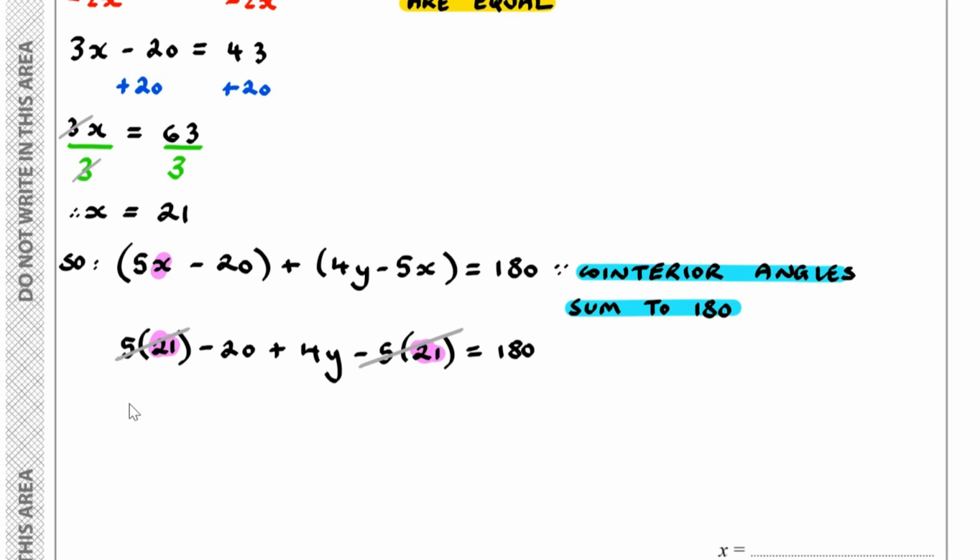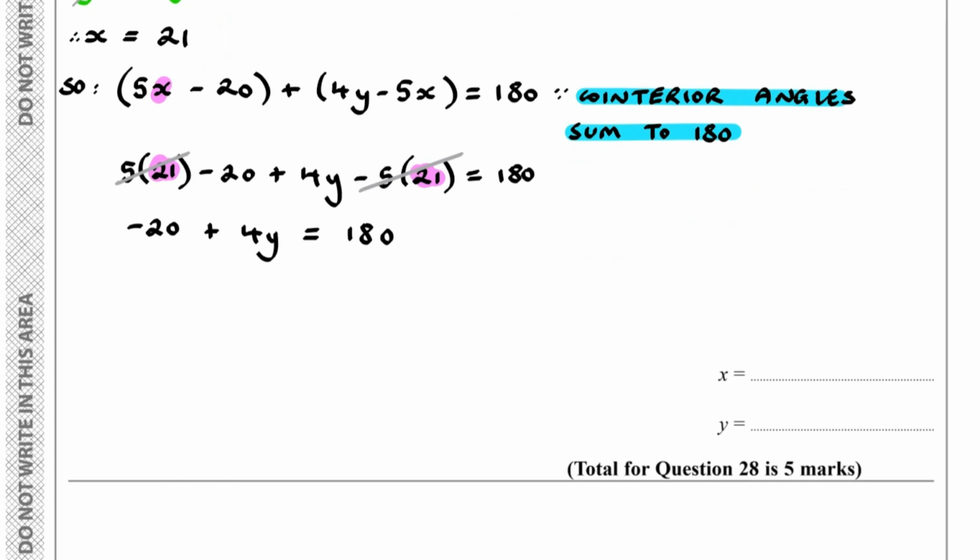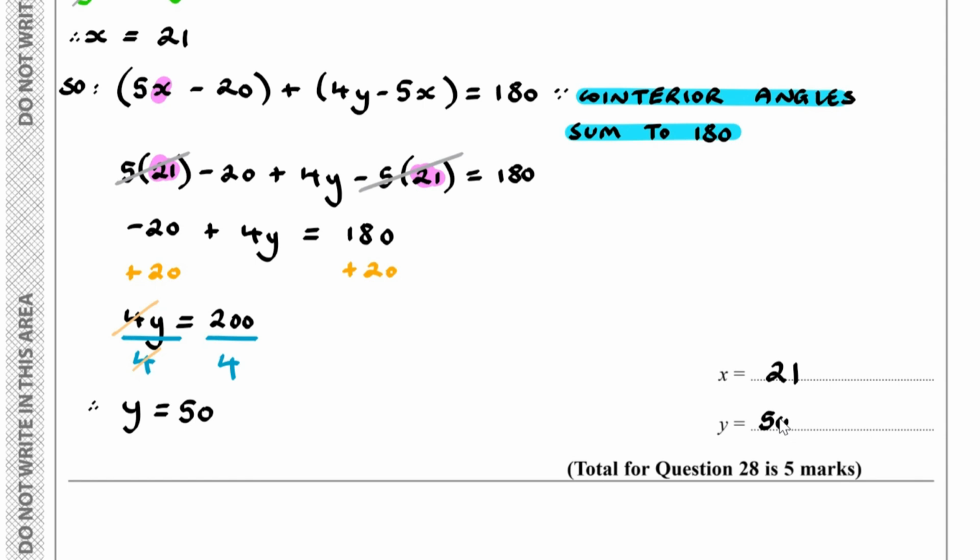So we have minus 20 plus 4y equals 180. Add 20 to both sides. We have 4y equals 200, and if I divide both sides by 4, then what you can see is y equals 50. So we have x is 21, y is 50.